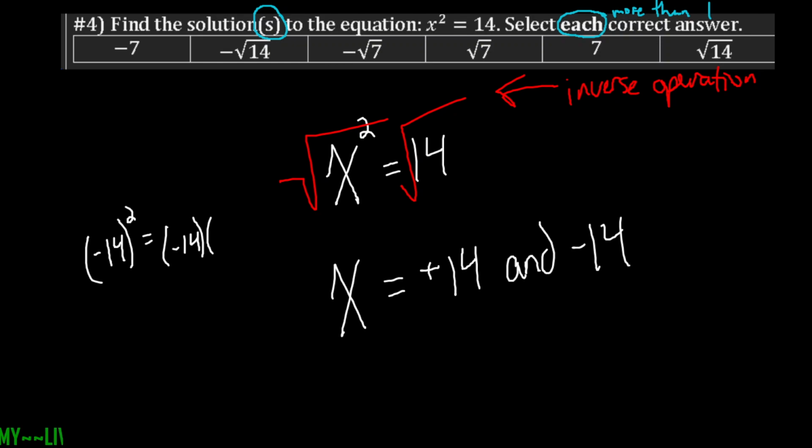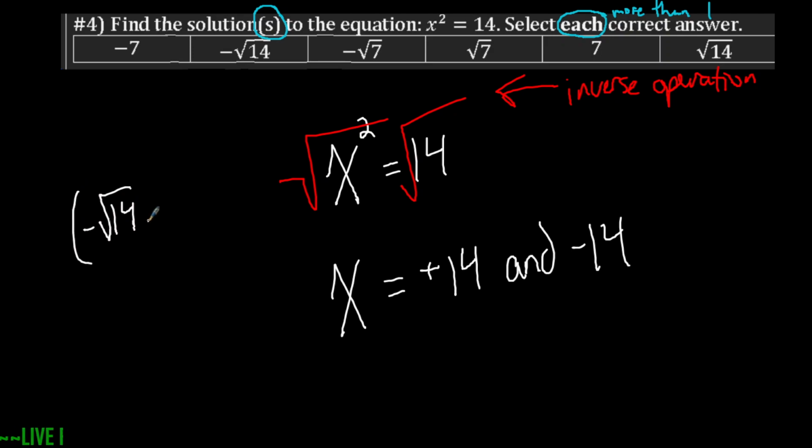Let me back up a second here. If you were to take negative square root of 14. So that's what it's going to be, sorry. Forgot the square root. There we go.